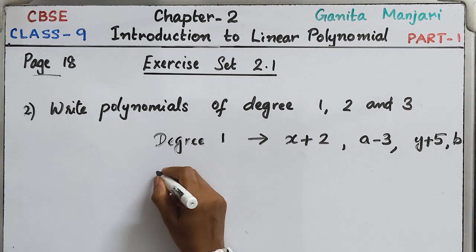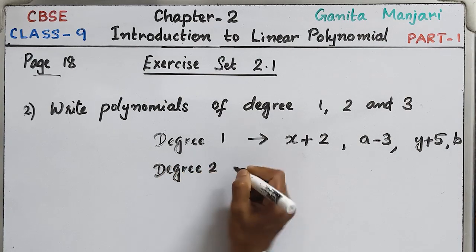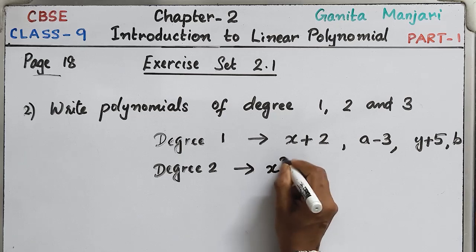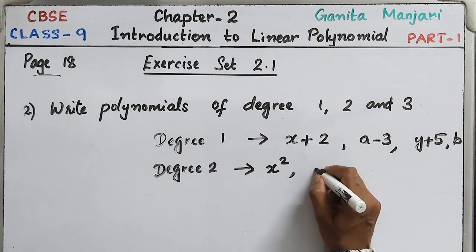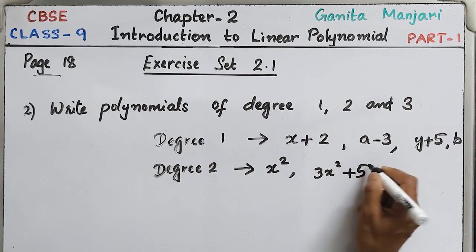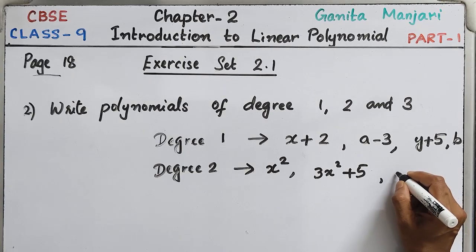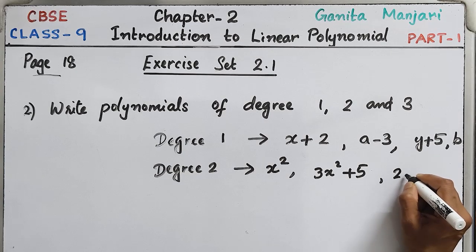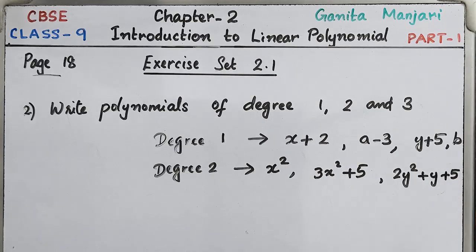Next, degree 2. X square is a polynomial of degree 2. 3x square plus 5 is a polynomial of degree 2. 2y square plus y plus 5 is a polynomial of degree 2.